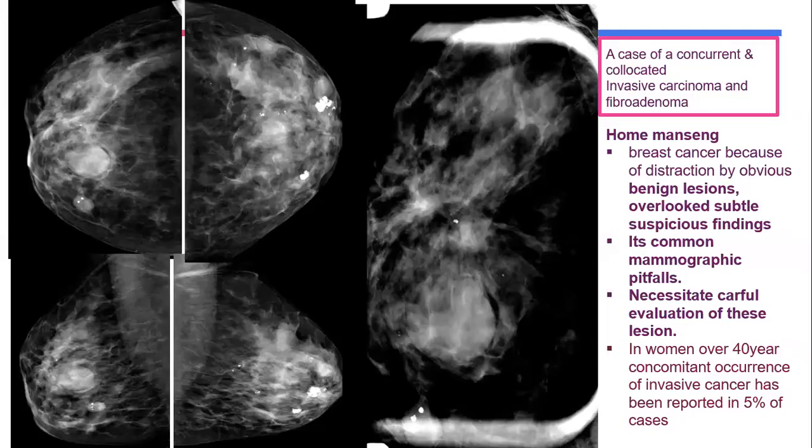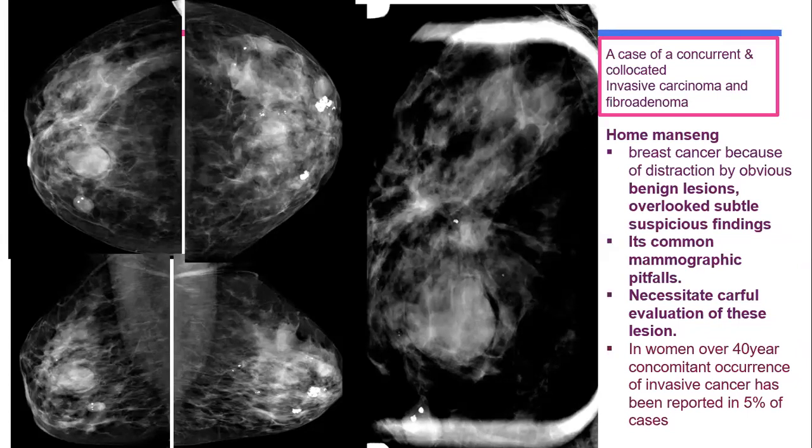So in this case, breast cancer, because of distraction by obvious benign lesions, overlooked subtle suspicious findings. And it is a common mammographic pitfall to be distracted by a benign abnormality, a very obvious benign abnormality.